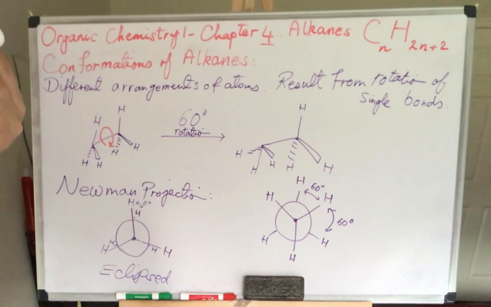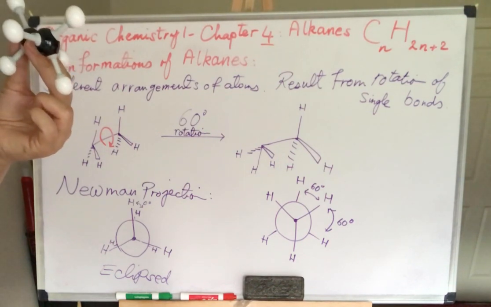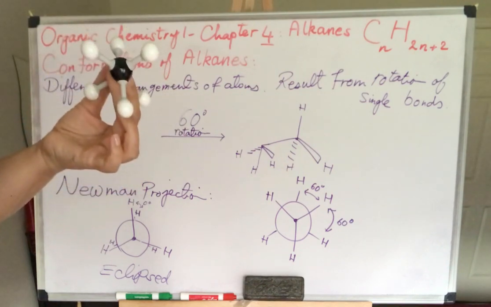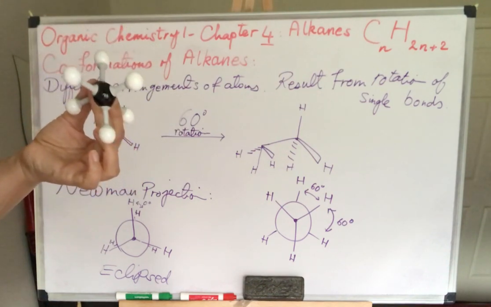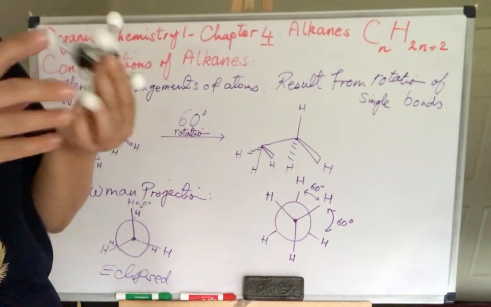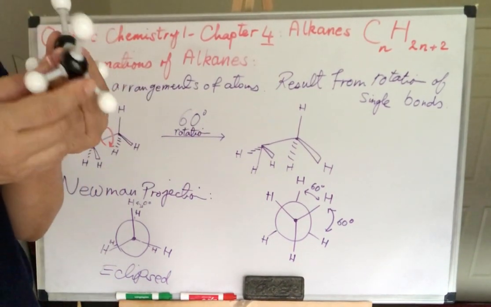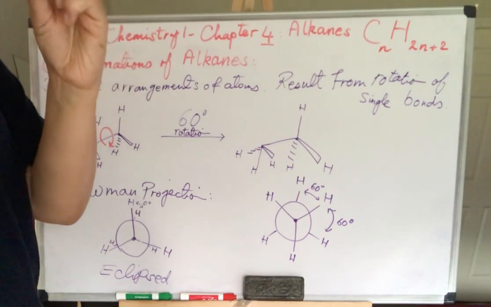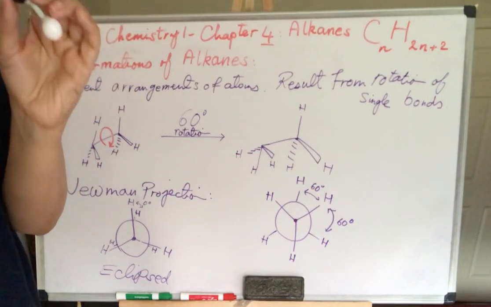That's for ethane. And most of the time, 99% of the ethane molecules exist in this conformation. Why? Because when you have eclipsed, even though we're talking about a tiny molecule, we have strain between the hydrogens.